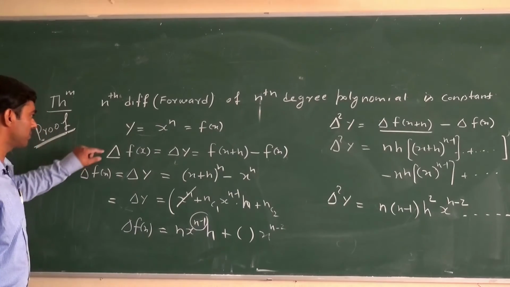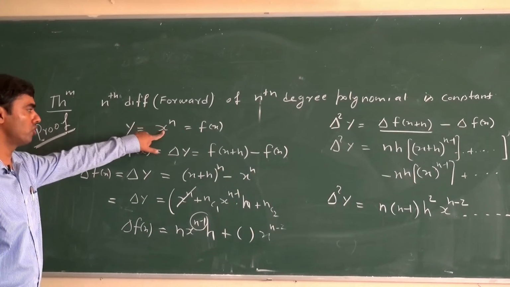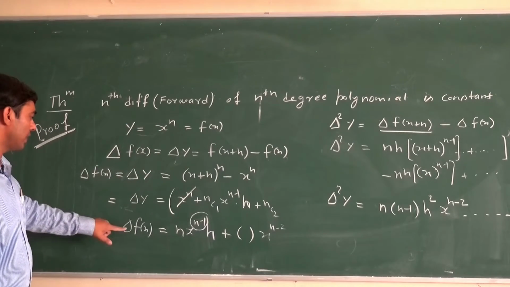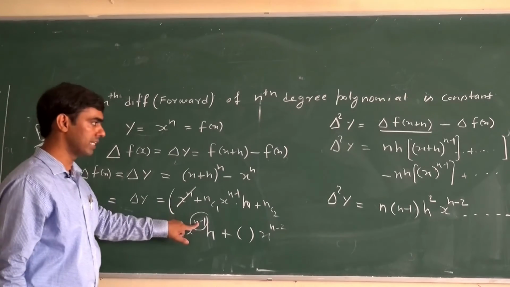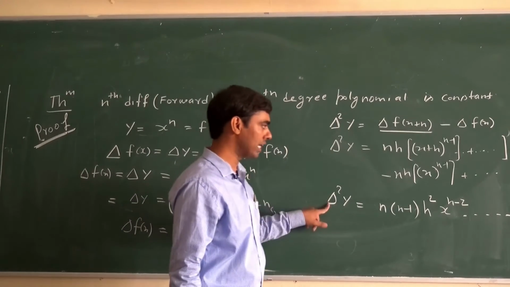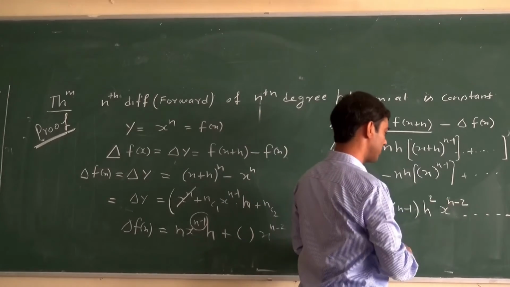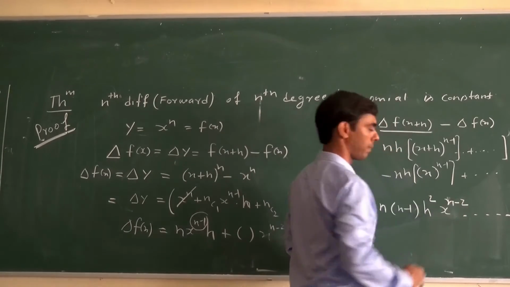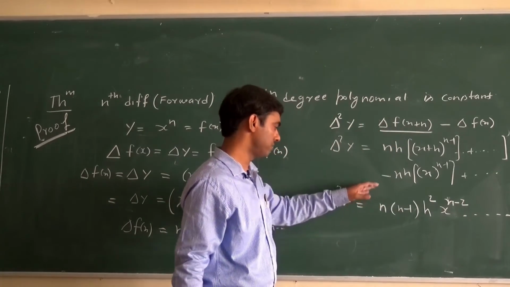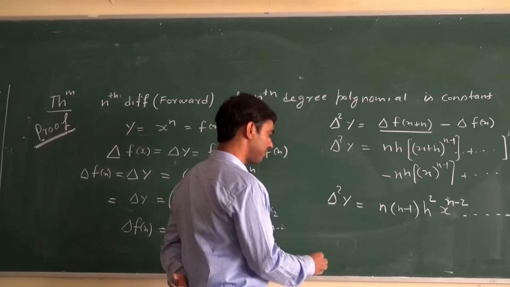If you closely observe here, y is a polynomial of degree n, Δy is a polynomial of degree n minus 1, and Δ²y is a polynomial of degree n minus 2. In a similar manner, what is the nth difference?